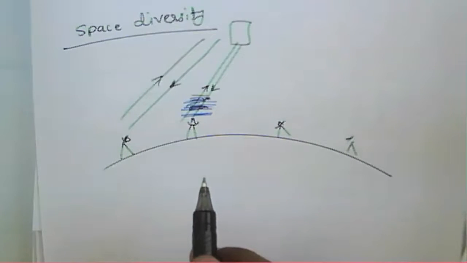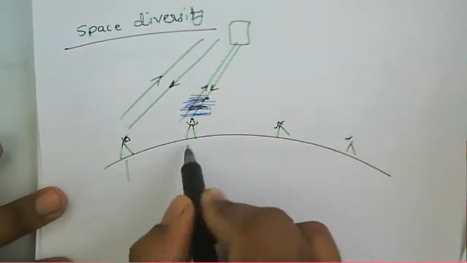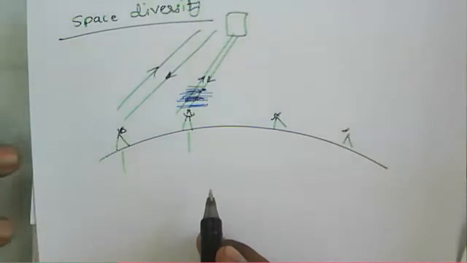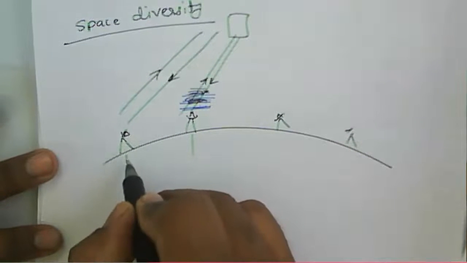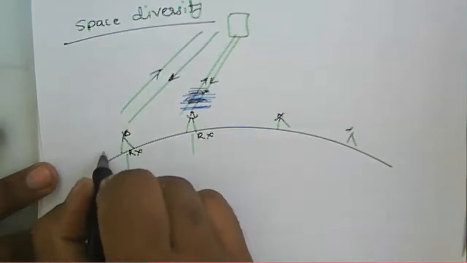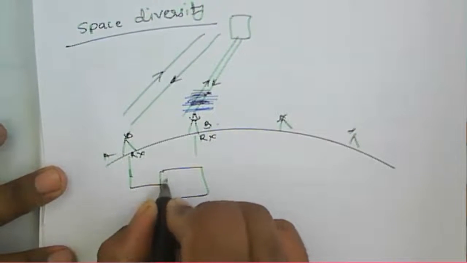So in a space diversity, we need to process the two signals. We have two receivers here, Earth station A and Earth station B, and then we use a diversity processor.